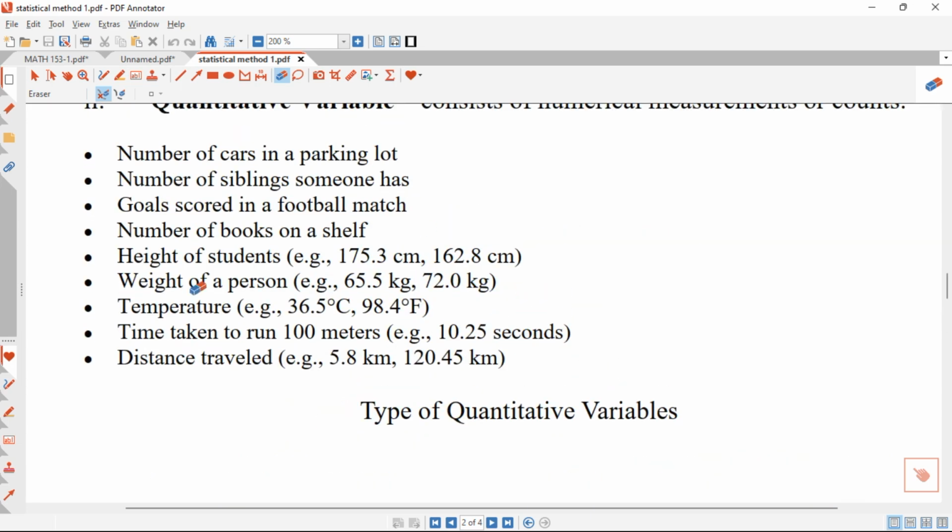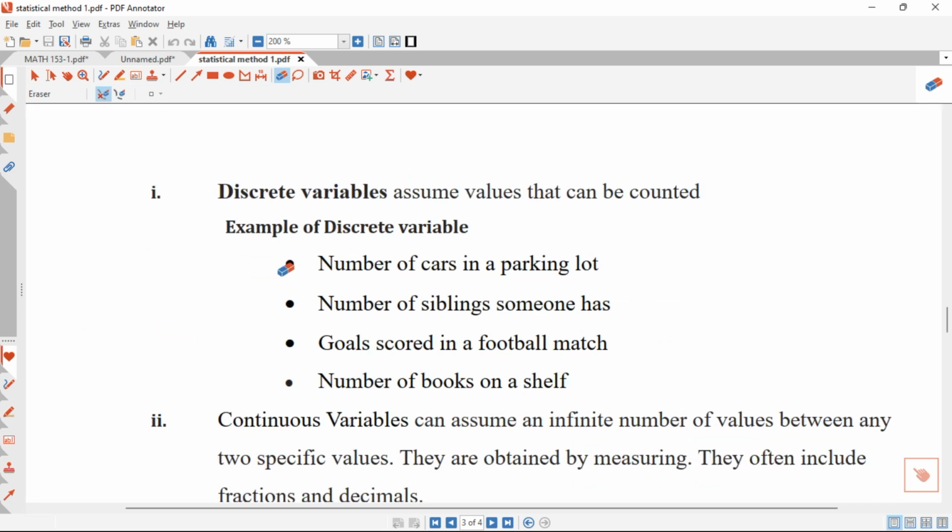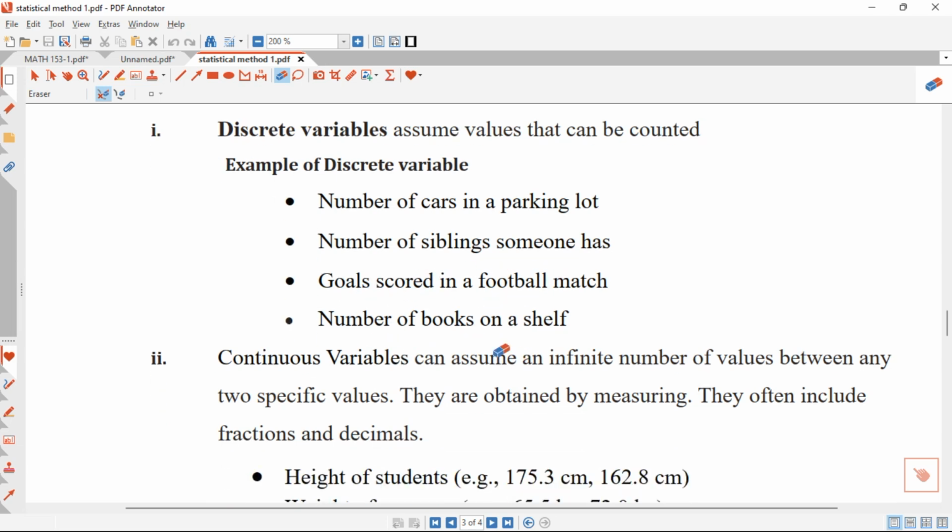Out of the quantitative variables, there are some variables that we can count, and some that we can measure. The variables that we can count are classified as discrete variables, and the variables that we can measure are classified as continuous variables. Number of cars in a parking lot, number of siblings someone has, goals scored in a football match, number of books on a shelf, these are all called what?